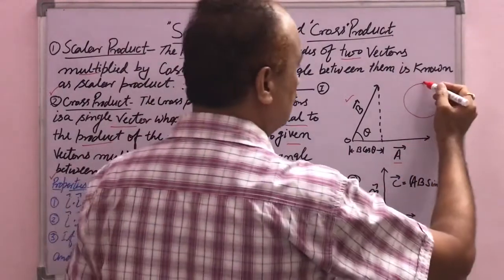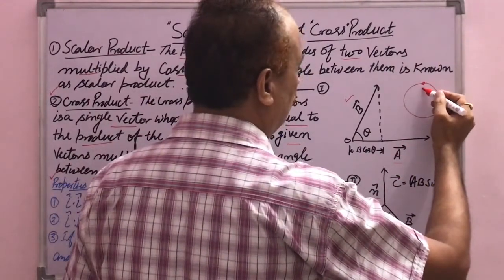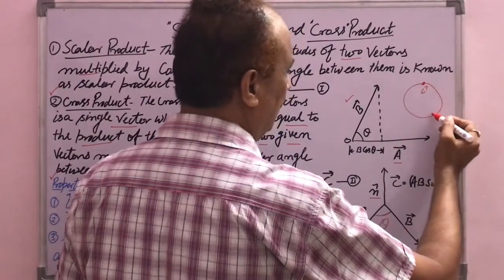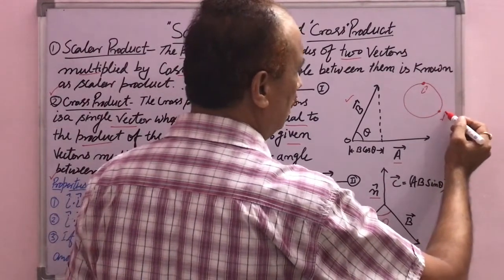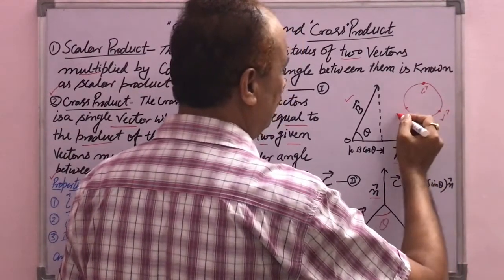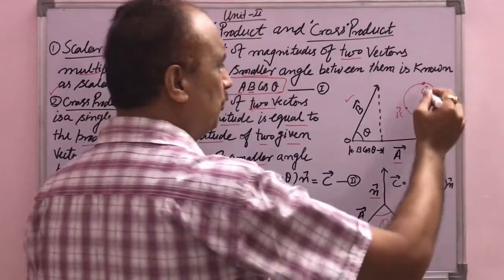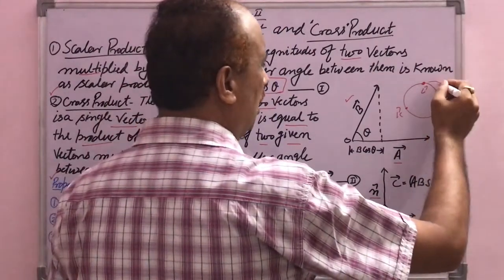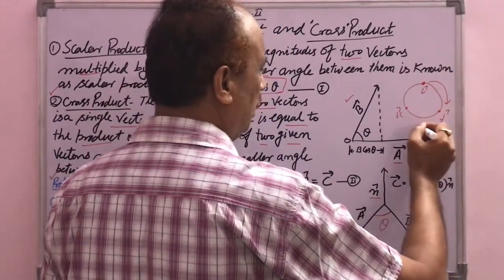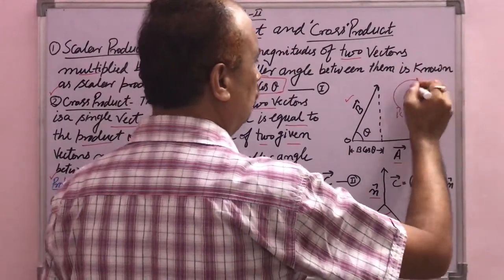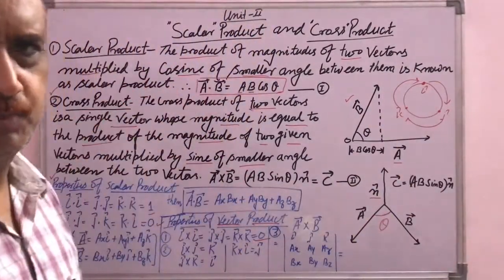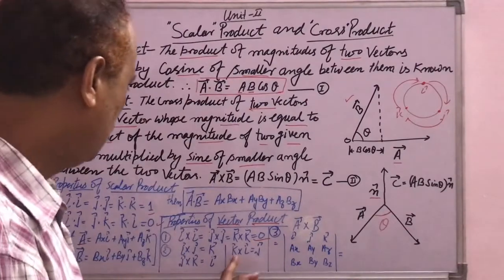Cyclic order means, suppose this is the point for the i unit vector, the next point is for the j unit vector, and the next is the k vector. First we take the cross product of i to j, then j to k, then k to i. If we take this process, we will get positive.